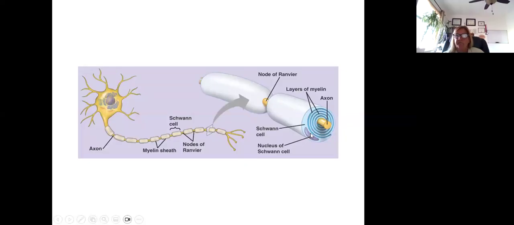This is its nucleus, and this big wrap right here is the Schwann cell itself. This dark blue is the myelin wrapped around the axon. Then you have one whole sheath here, a node of Ranvier. The node of Ranvier is where all the gases and things pass through.